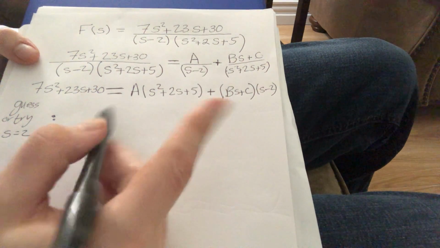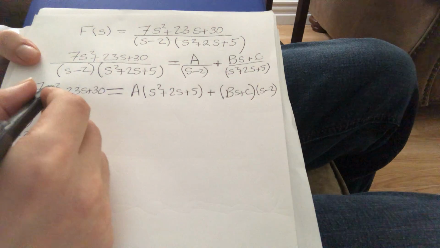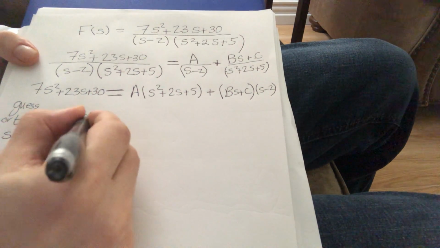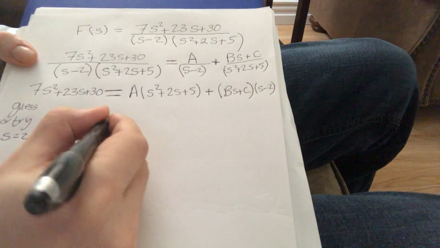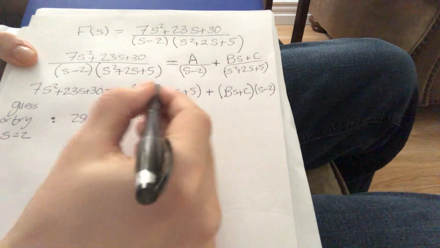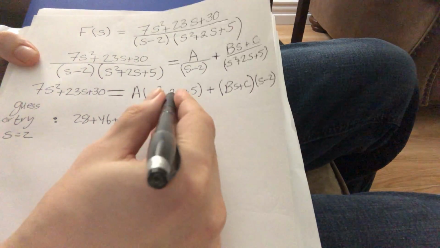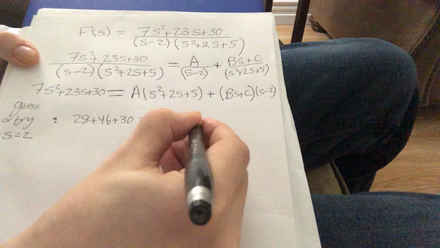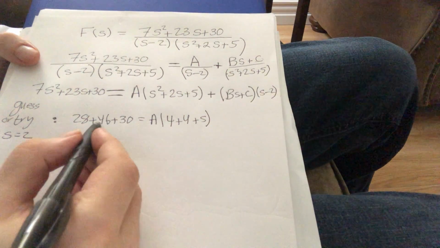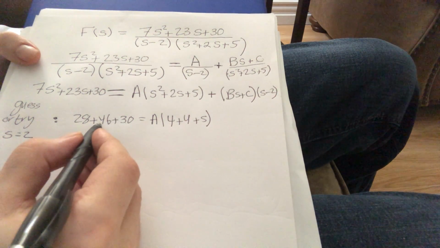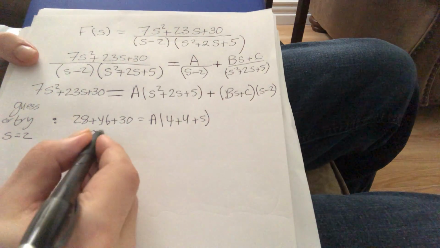And remember, a is supposed to be 8. 2 squared is 4. 4 times 7 is 28. 23 times 2 is 46 plus 30. On the right, a times s squared, which is 4, plus 2 times 2 is 4, plus 5. And 2 cancels this. This plus 46 is 76, plus 28 is 104.